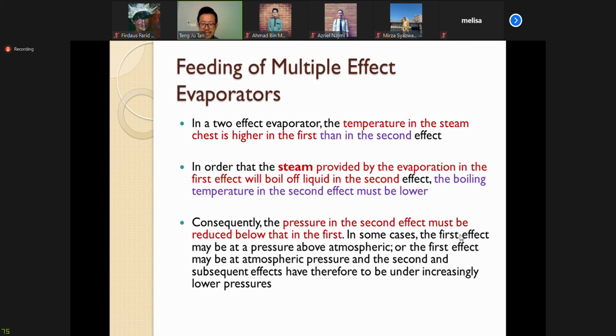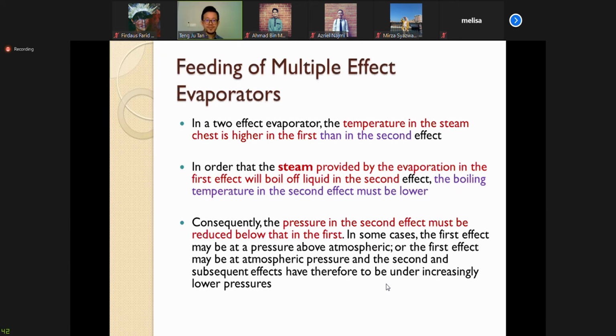So in some cases, the first effect may be at a pressure above atmospheric, or the first effect may be at atmospheric pressure, and the second and the subsequent effects have therefore to be under increasingly lower pressure. It must be lower and lower, so the pressure is lower, the boiling point will be lower.